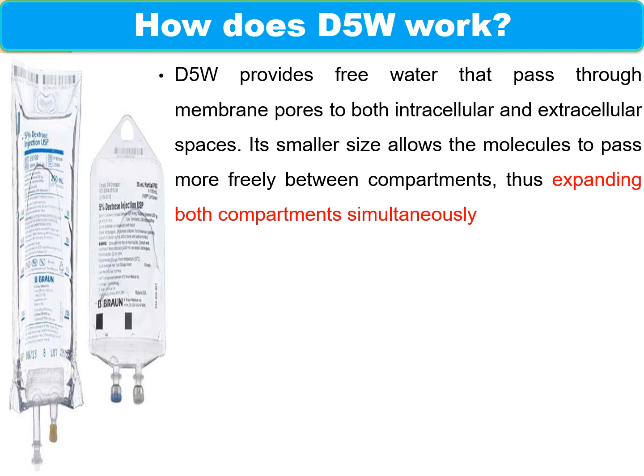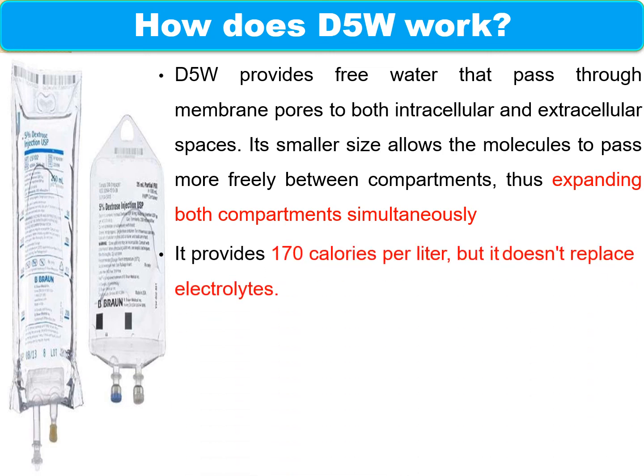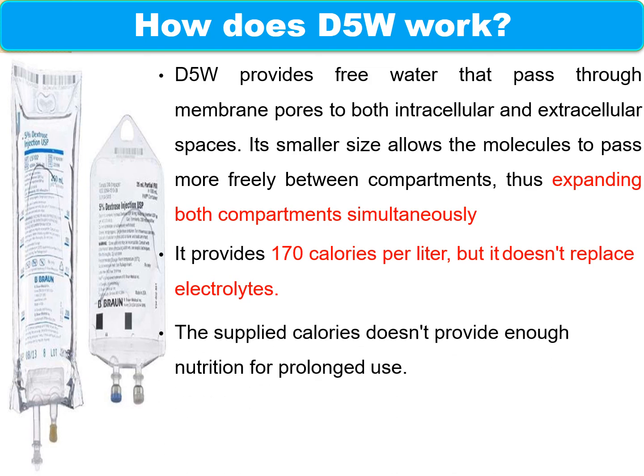This is how it works. Then D5W provides 170 calories per liter, but it doesn't replace the electrolytes. Further, the supplied calories don't provide enough nutrition for prolonged use. So its use is in hypernatremia and hypoglycemia.